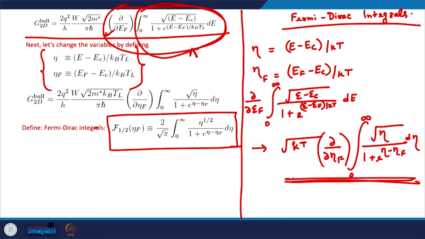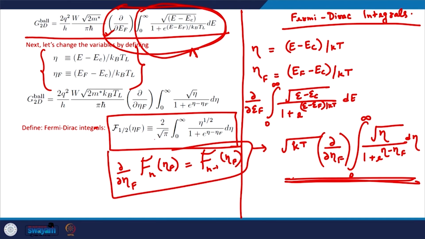And there is an interesting property of the Fermi-Dirac integral: if we take a derivative of the Fermi-Dirac integral of order n with respect to EF or eta f, it becomes a Fermi-Dirac integral of order n minus 1.